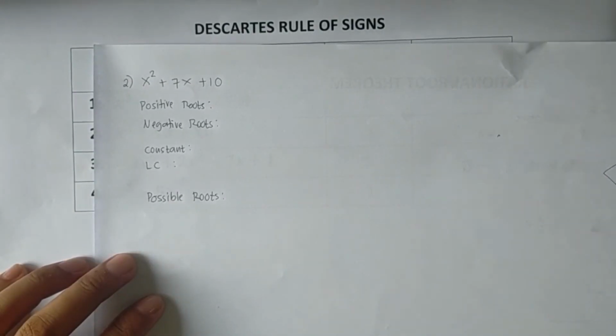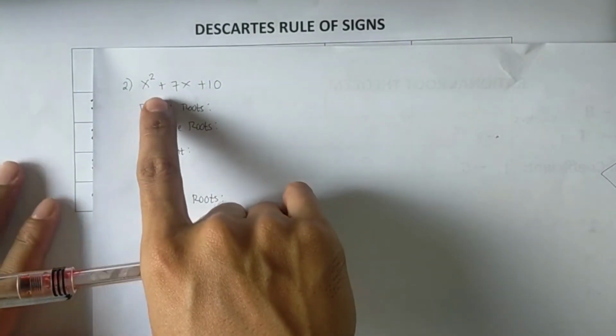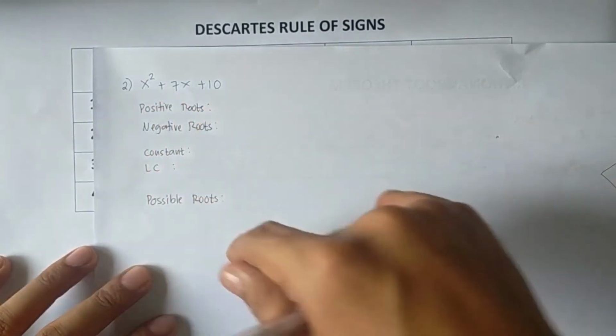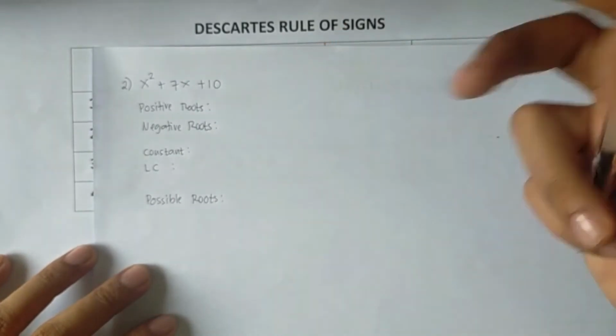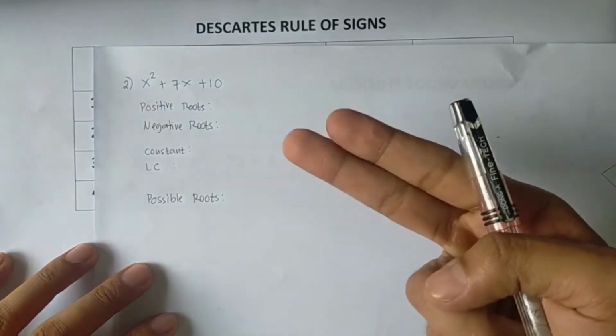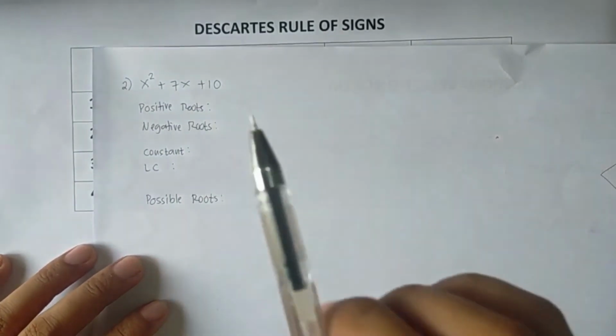Okay, let's try to apply Descartes' Rule of Signs in this example. We're going to find the roots of x squared plus 7x plus 10. We expect 2 roots here because the highest exponent is 2. Right? So, how many are positive roots using Descartes' Rule of Signs?